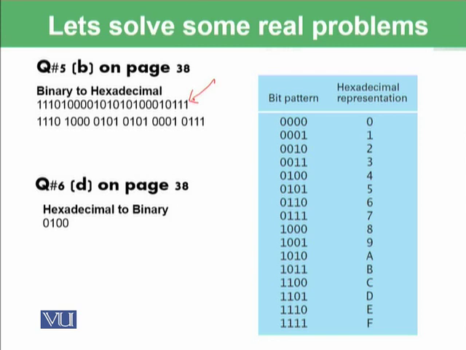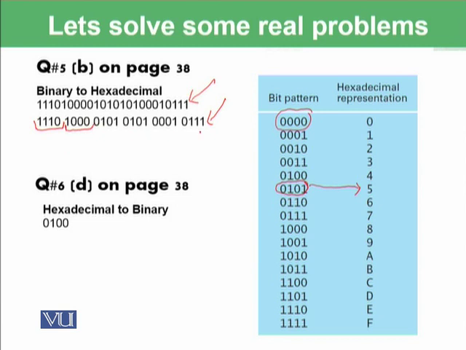Here you have learned that you need to combine 4 bits, and those groups of 4 should be translated to the corresponding hexadecimal notation. So in the next line I have made groups of 4. This is the first group of 4, then the second 4, and so on.